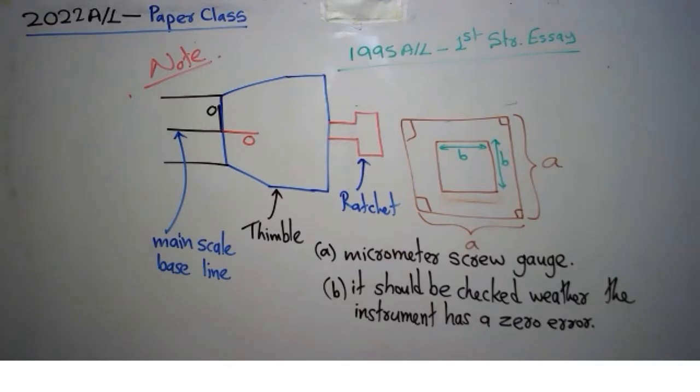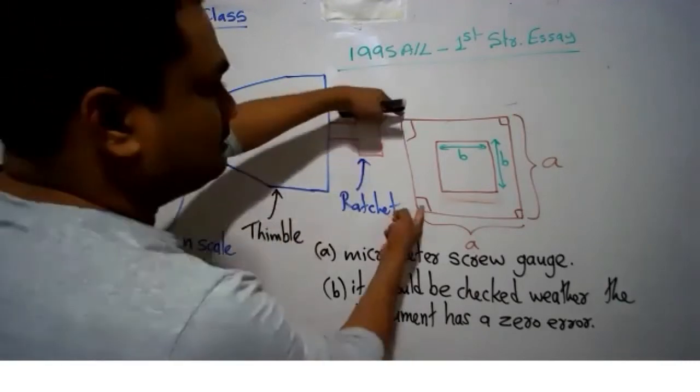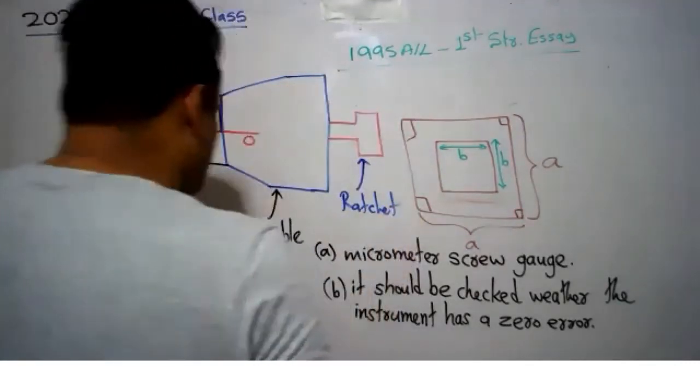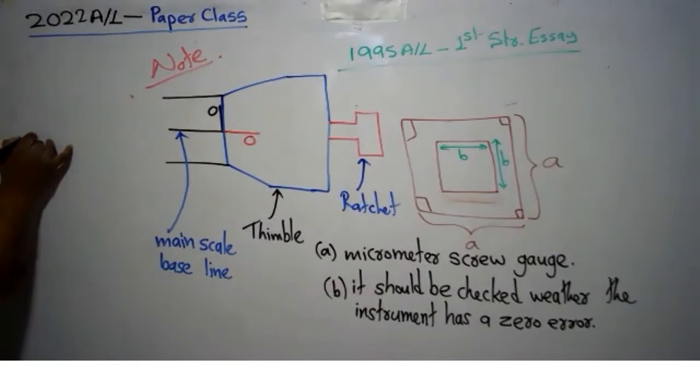Question C. You are given a vernier caliper to measure A and B. Which part of the instrument would you use to determine A? A means this length. To measure this length, we use the external jaws.